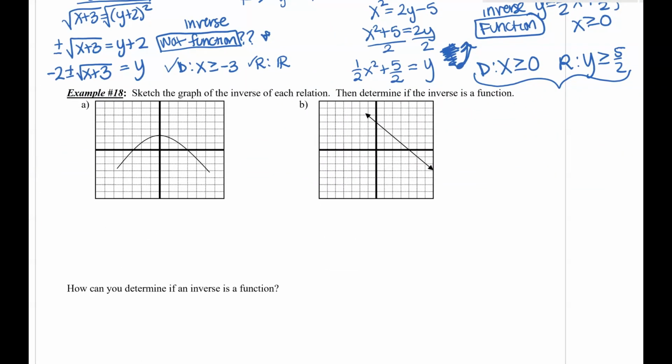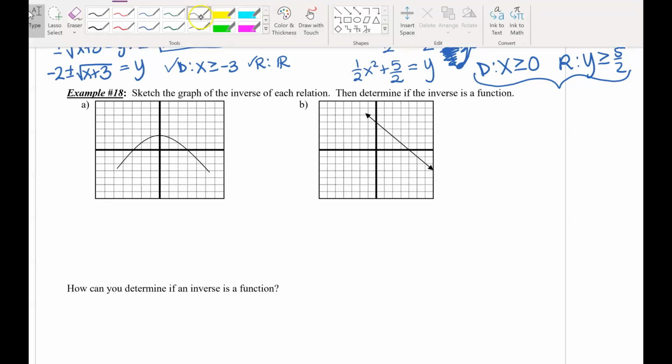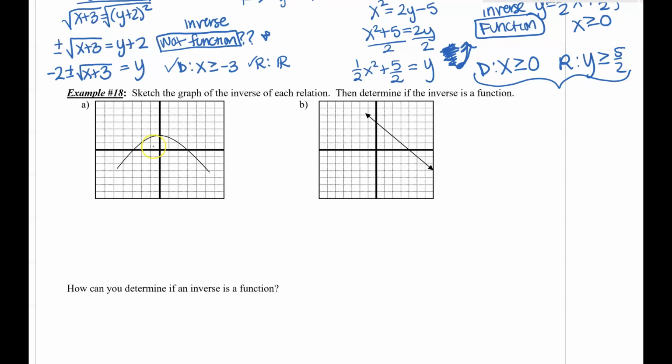So sketching, we just want to focus on the reflection aspect. And I'm just going to do part A again. So again, if you know something is an inverse, you know that it's reflected over the line y equals x. This reflection can be hard to draw, so my advice to you is to pick out some points.